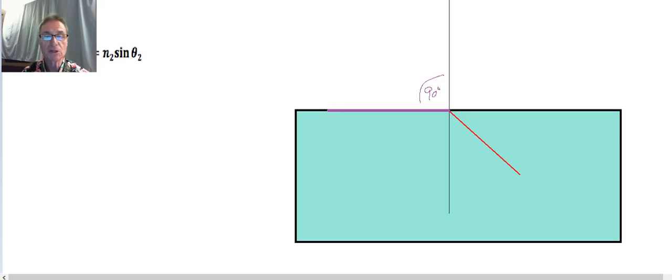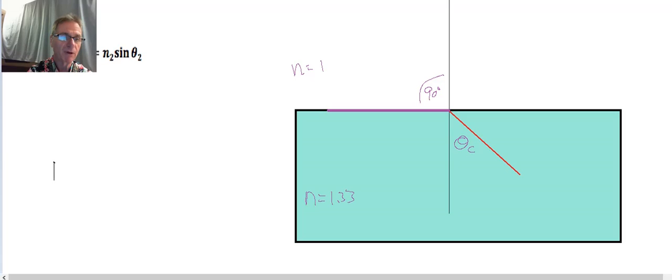Okay, so using Snell's law, n for the water is still 1.33, n for the air is 1. We're looking for what this critical angle is down here that will cause the ray of light not to escape the water. So the left side of our equation, Snell's law here, is going to be the side that's in the water.